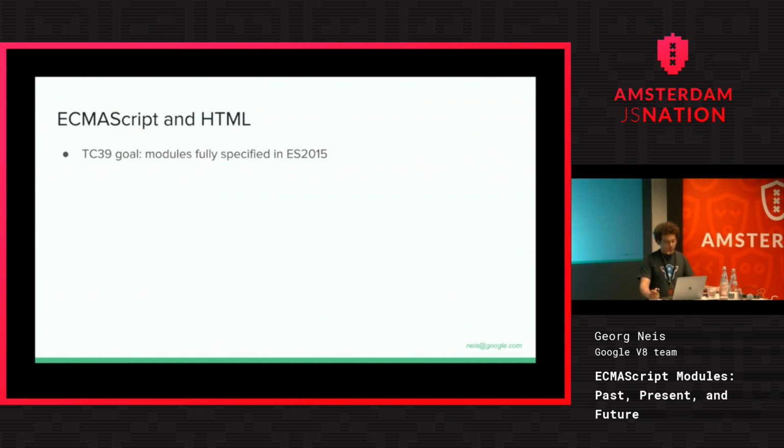That did not quite work out. There were several complications and delays, and in the end, people decided to exclude everything related to loading modules from the specification. So what was left in then was the syntax and semantics of import and export statements. That's still more or less the way it is now.